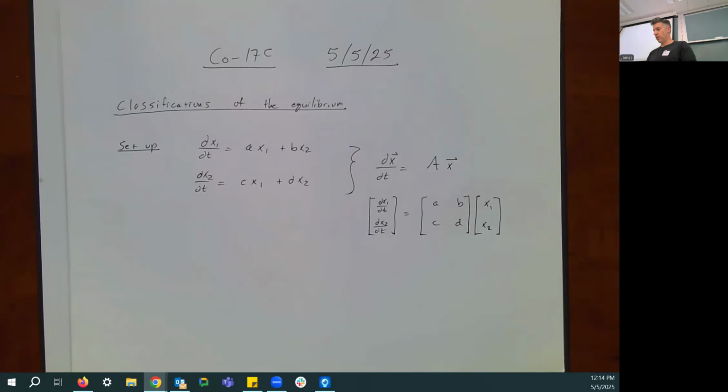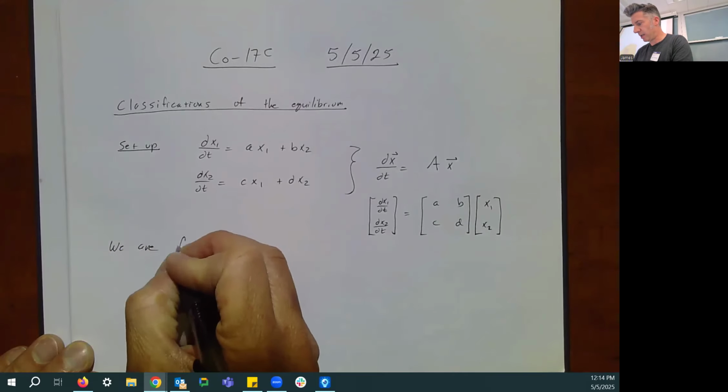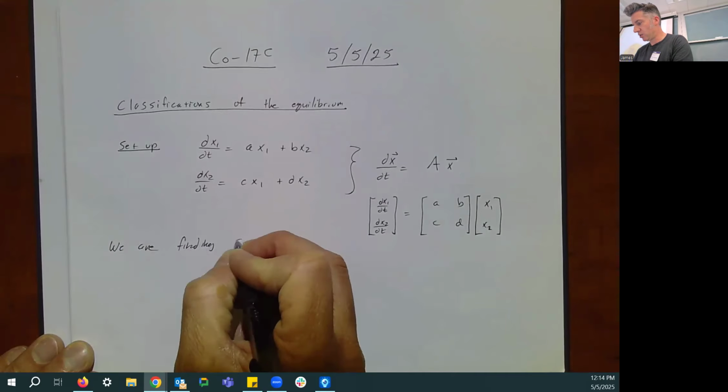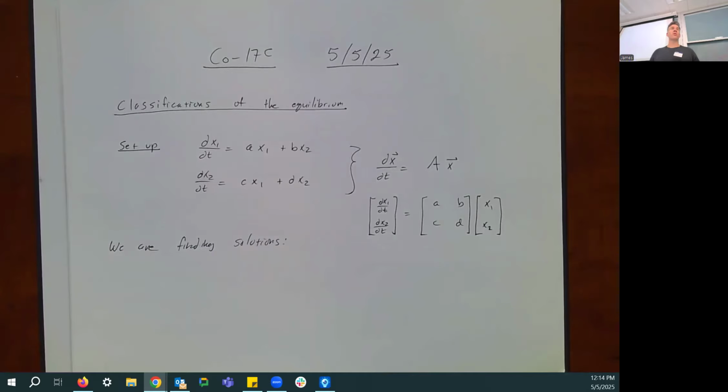And the idea here is that we are finding solutions to this. We've already talked about what the solutions are going to look like. They're a little bit more complex when the eigenvalues are imaginary, but it's still the same idea.